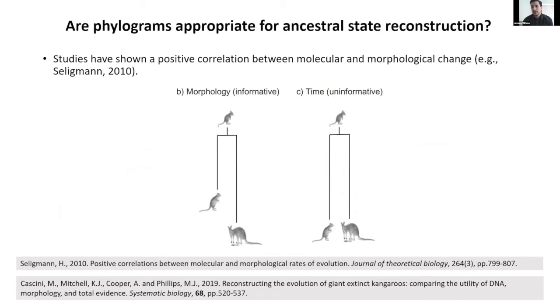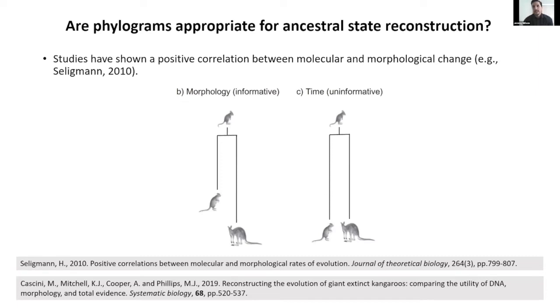So mostly chronograms are used for ancestral state reconstruction, and it could be because people don't believe that the rate of change in a morphological character is likely to be correlated with molecular change, or it could be that it's easier to interpret a reconstruction when the branches just represent time rather than an interplay of time and evolutionary rate like we see in a phylogram.